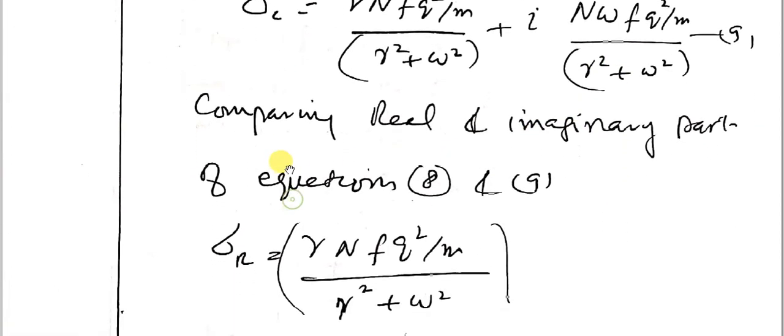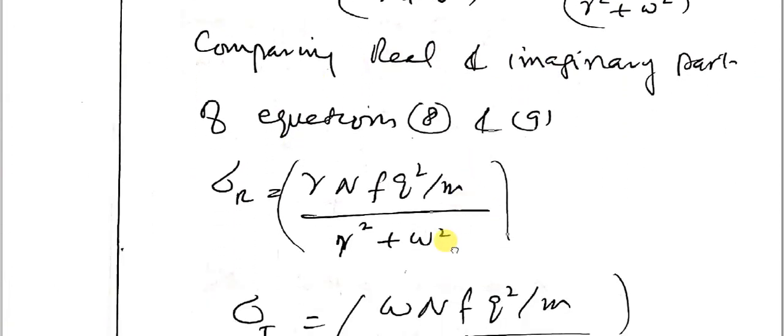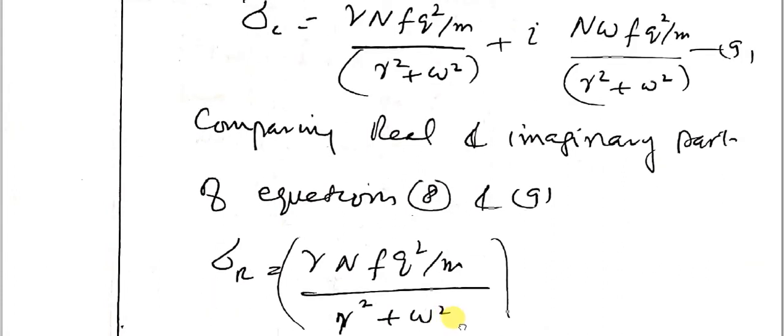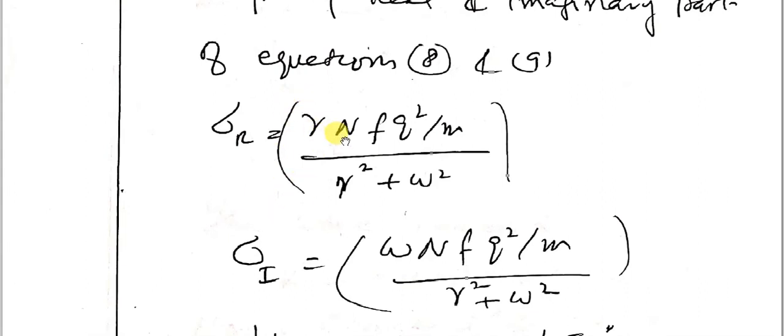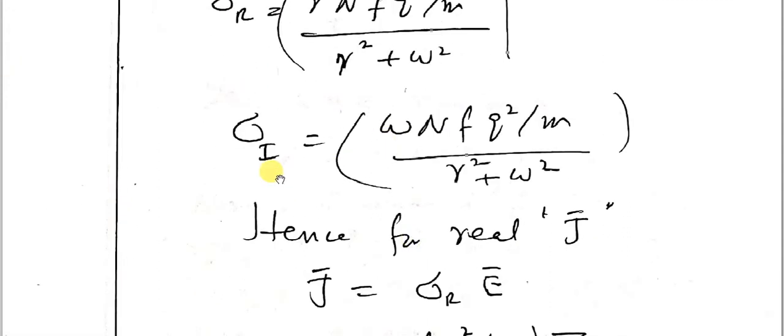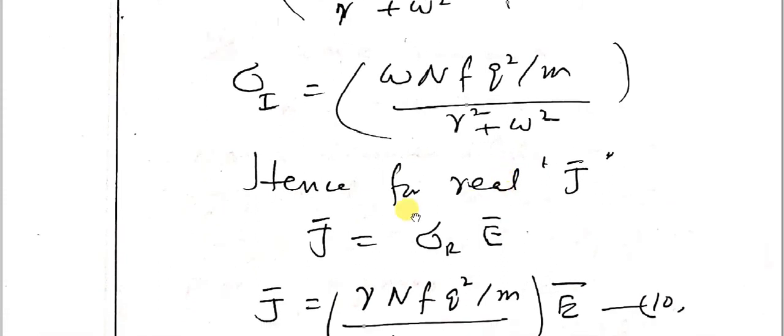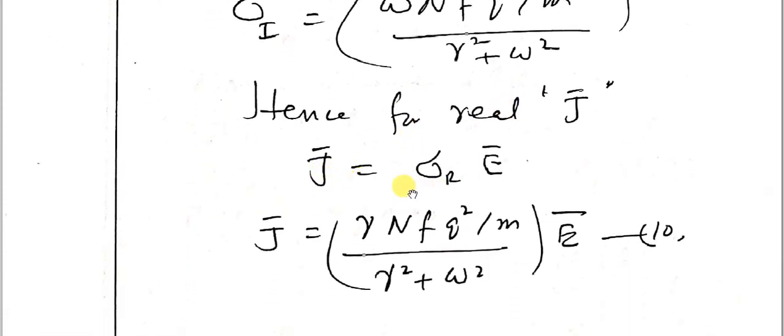Comparing the real and imaginary parts in equations 8 and 9, sigma r, the real part, is given by gamma n f q square by m, gamma square plus omega square, and the imaginary part of the conductivity is omega n f q square by m, gamma square plus omega square. Hence for real J, J equals sigma r E, which is gamma n f q square by m, gamma square plus omega square, times E.